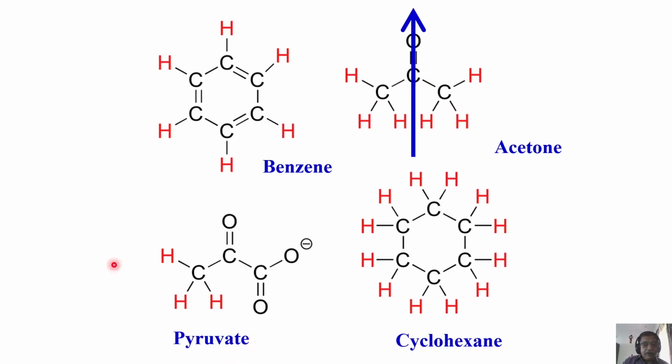Now come to this molecule, pyruvate. This has no symmetry consideration at all. As far as the proton NMR is concerned, all 3 protons of the methyl group are identical because of the fast rotation of the methyl group about the C-C axis, and you will get only 1 peak for protons.